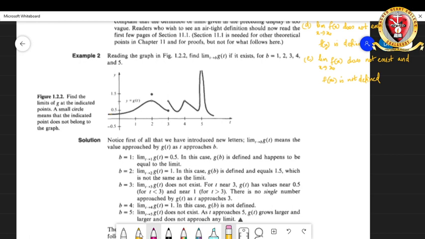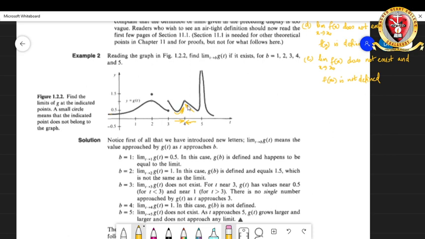The next one is limit t tends to 4 g of t. So t is approaching 4 from the left and from the right.